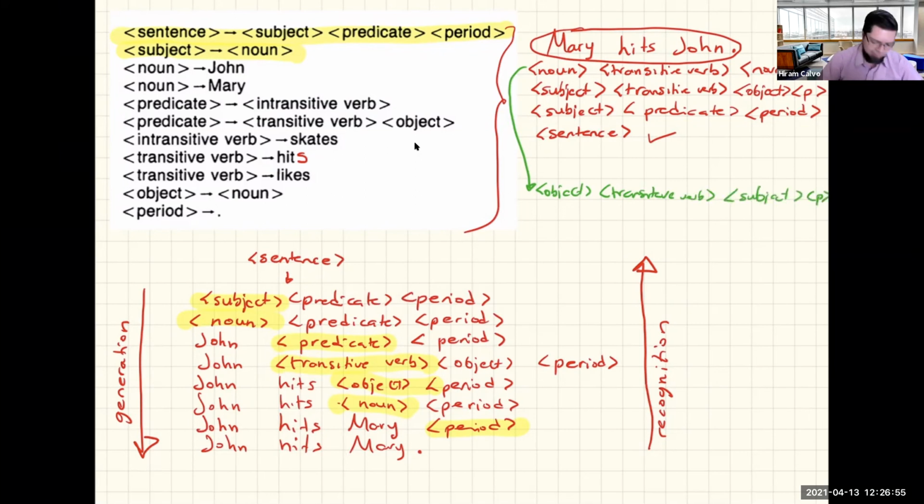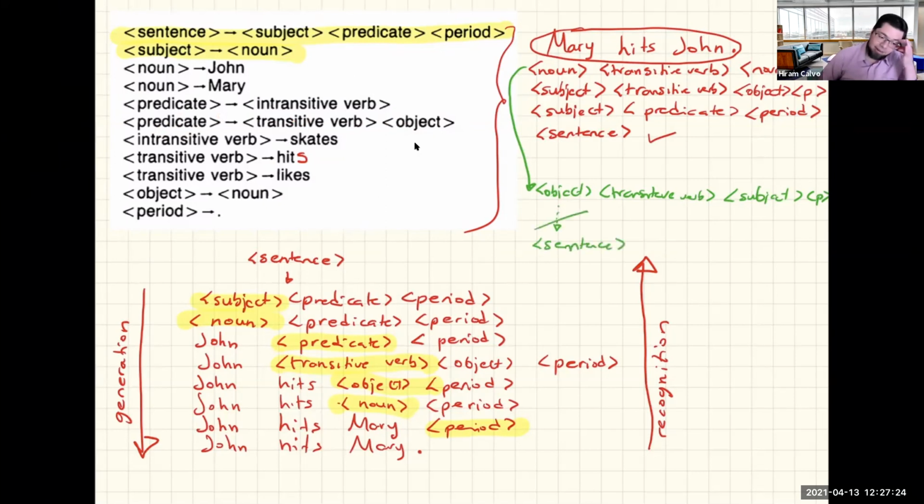We can do this. And of course, it's completely valid because every noun can be an object or a subject. However, if we do the green path in this way, then we won't be able to use transitive verb subject because there is no rule that allows me to reach a predicate. So in this case, I won't be able to reach sentence.